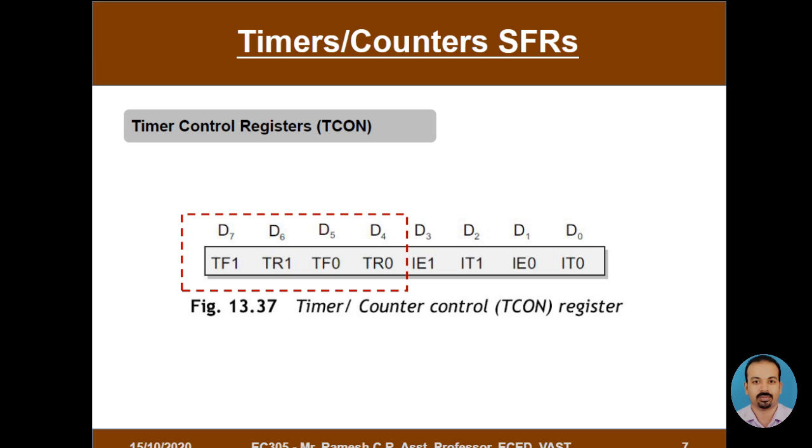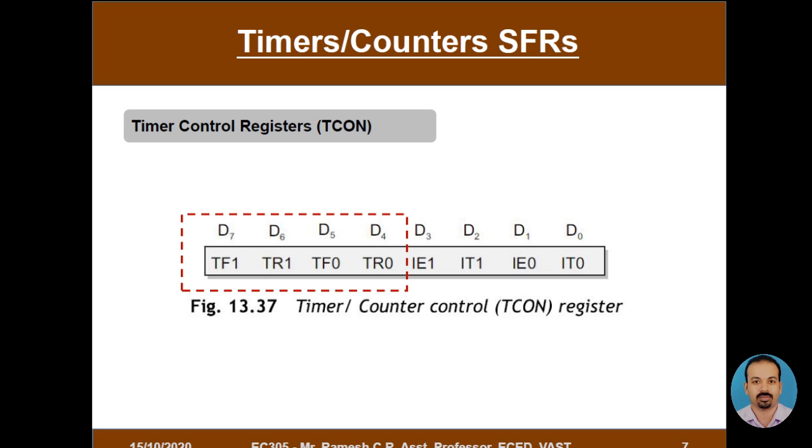As the name timer control suggests, the upper 4 bits of this special function register are used for controlling various operations of the timer. So we have TF1, TR1, TF0 and TR0. TF1 and TF0 are the timer overflow flags, which indicate the status of overflow that occurs in the timer modules.